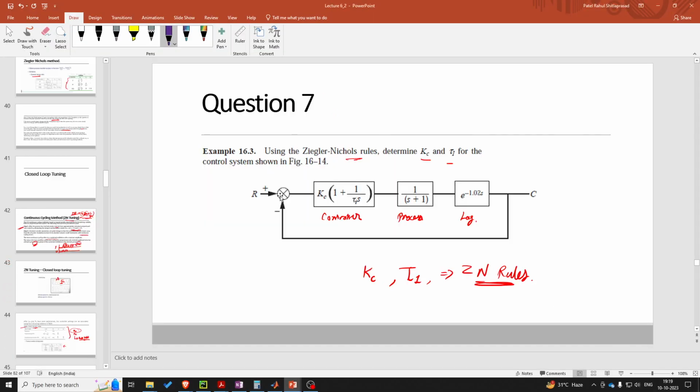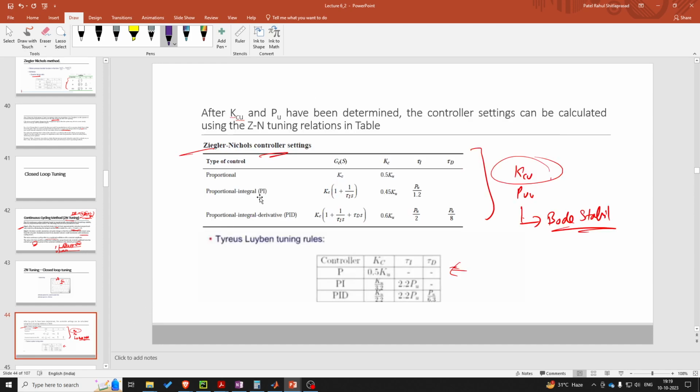Over here you can see that we are having a closed loop system. So the table that we will be using is basically the parameters related to the closed loop tuning. I think that is provided by this table.